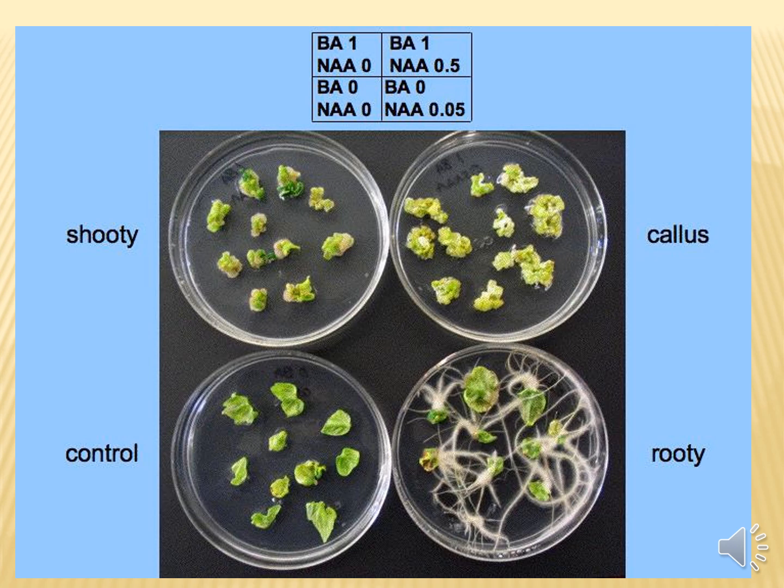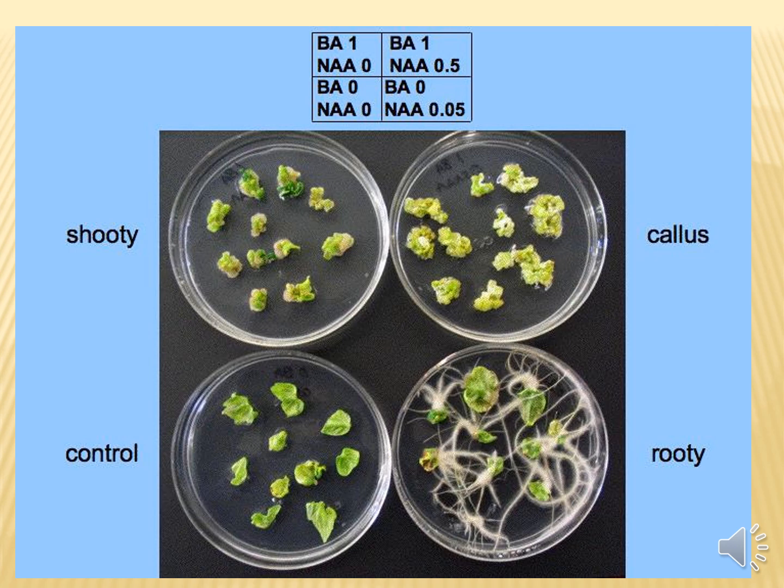So we can see the different ratios of the cytokinin and the auxin. We look first at the shooty. BA or BAP, the cytokinin, is 1, and the auxin is 0, meaning the concentration of cytokinin is high compared to the auxin.